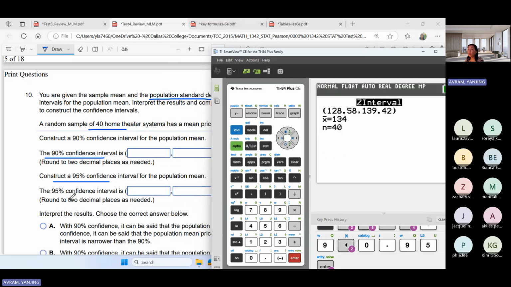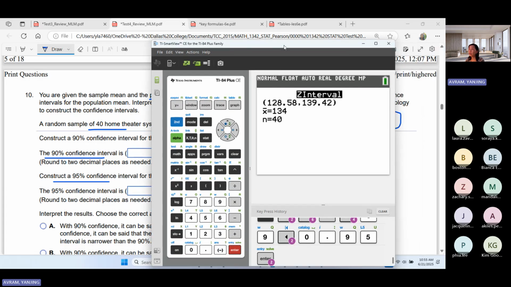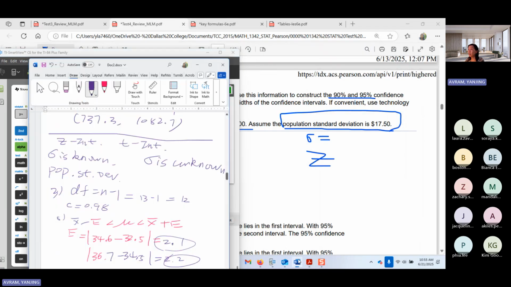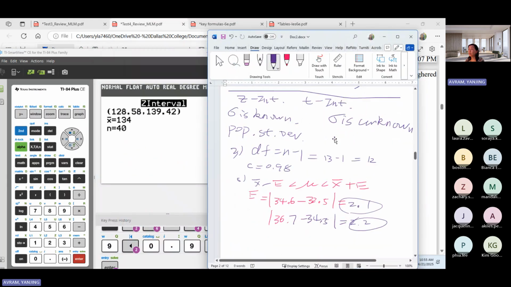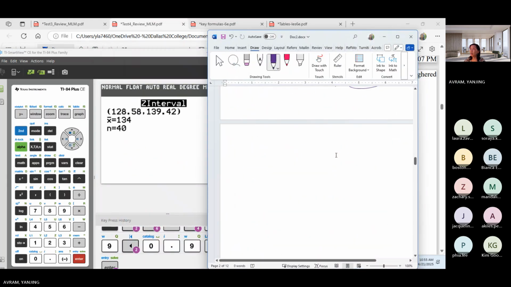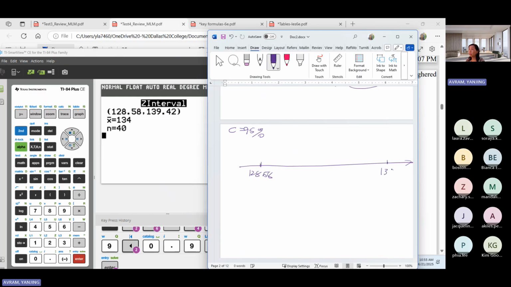Basically you want to compare what's different between these two intervals. The 95% interval is much bigger.